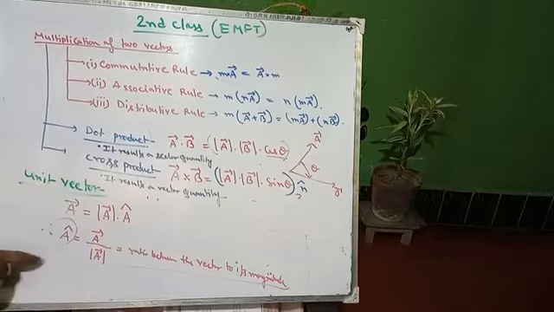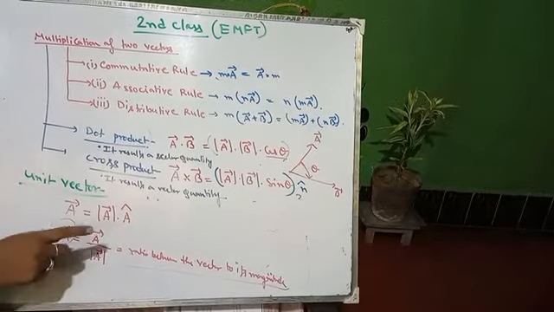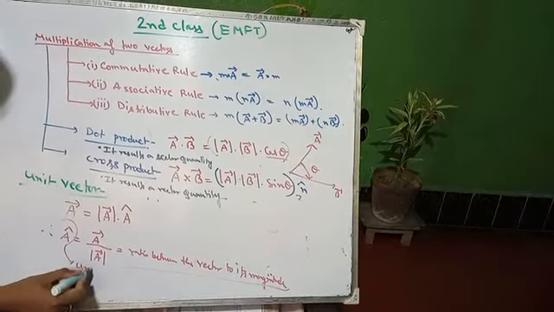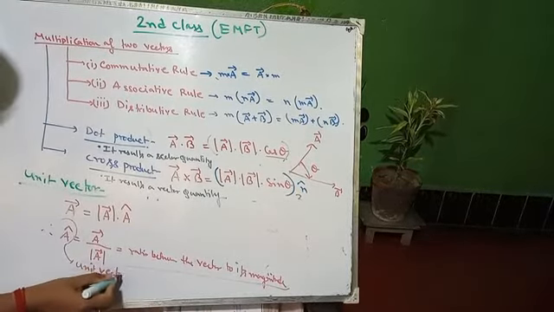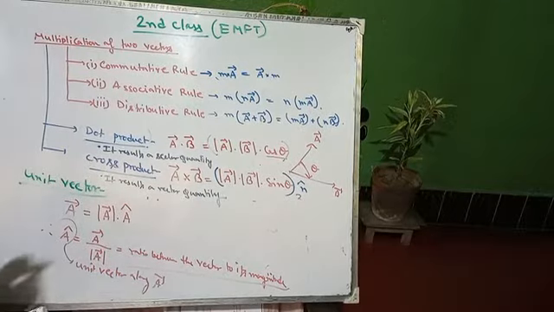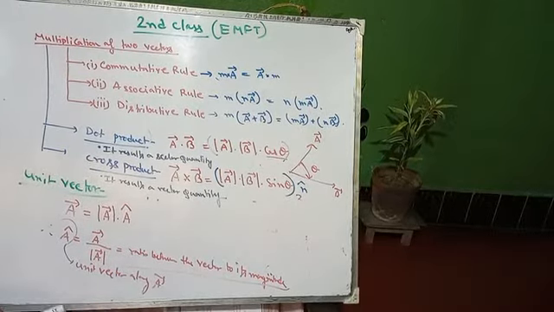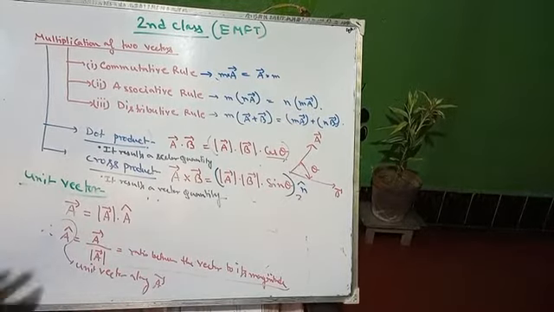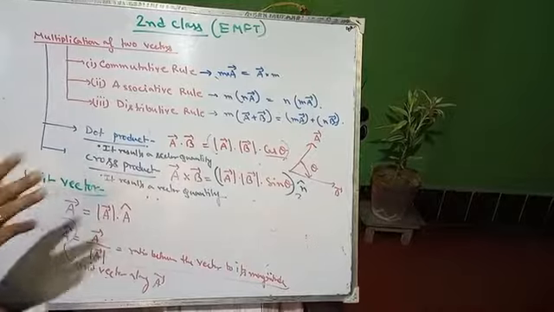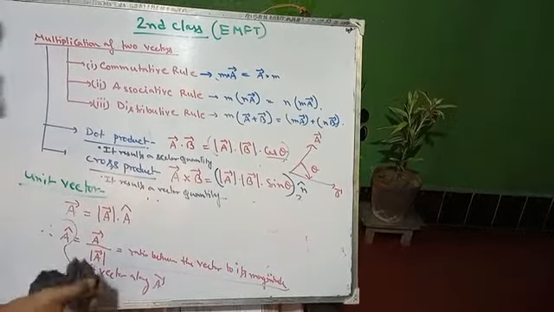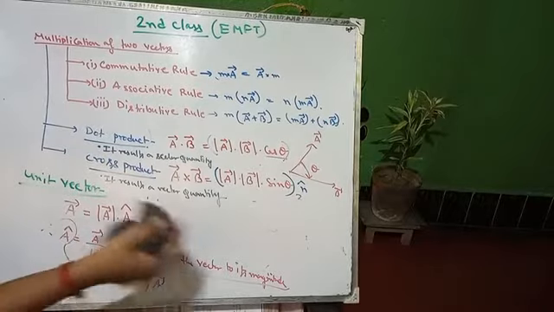Write: where A cap equals the unit vector along vector A. Always remember, every vector has a unit vector. But here some predetermined unit vectors are there, by which we can find the unit vector of a particular vector.